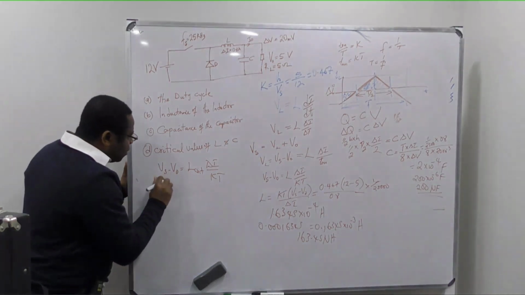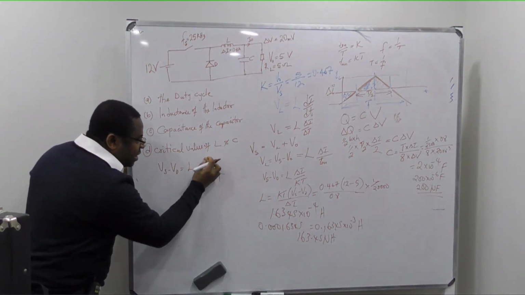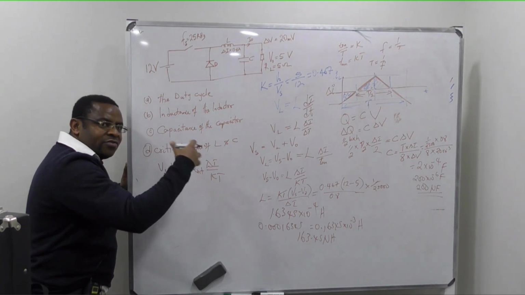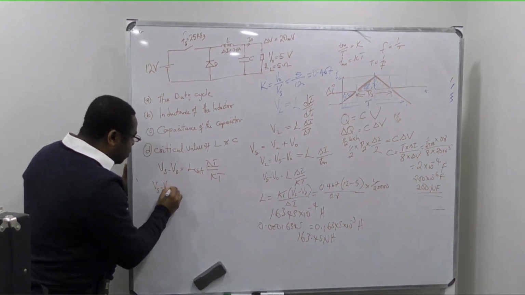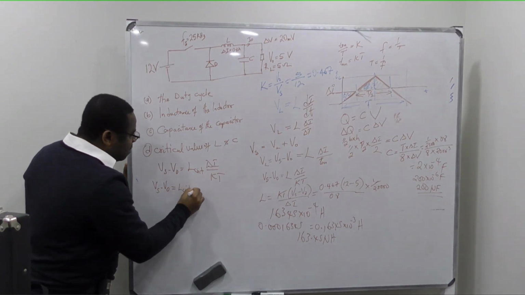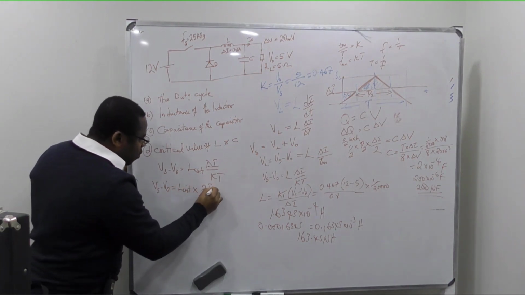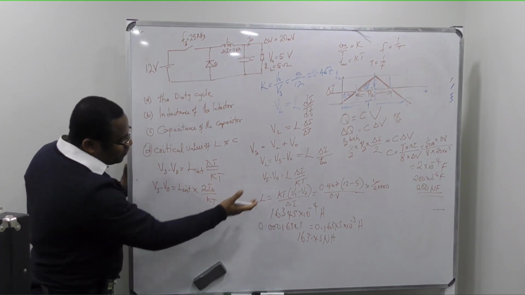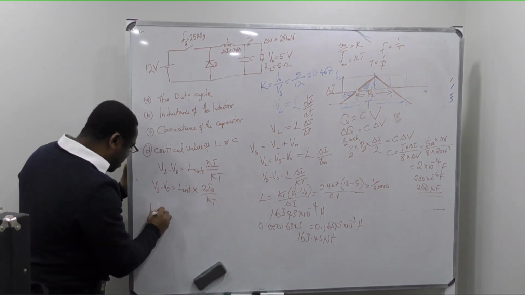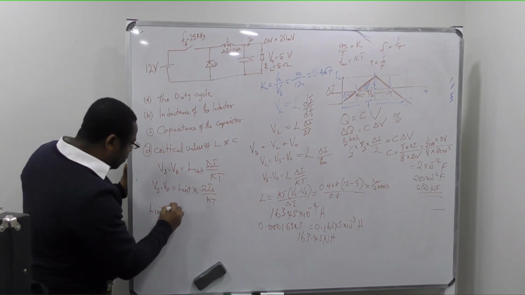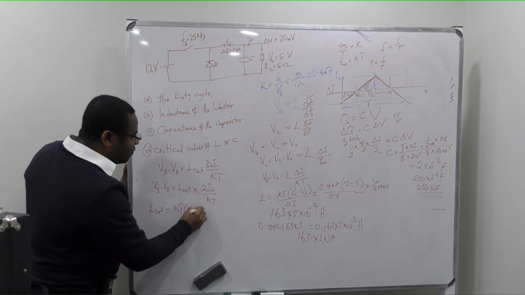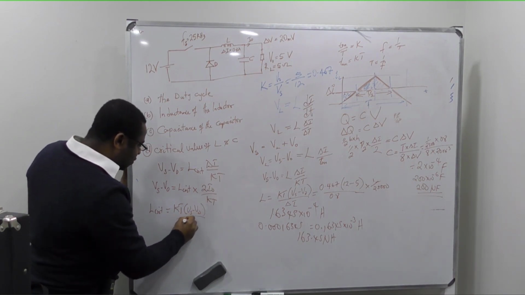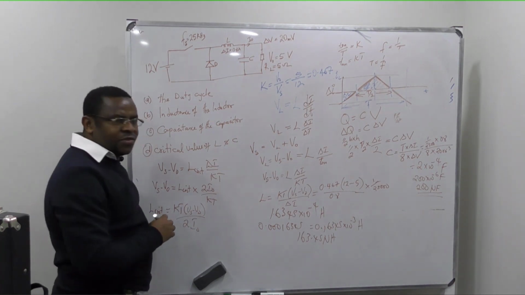All right, so let's start with this first. As I said before, for you to get the critical value, this delta I will change to twice IO. So that Vs minus Vo equals L critical multiplied by twice IO divided by Kt. So L critical will now give you Kt into Vs minus Vo all over 2 times IO. Did you get that?